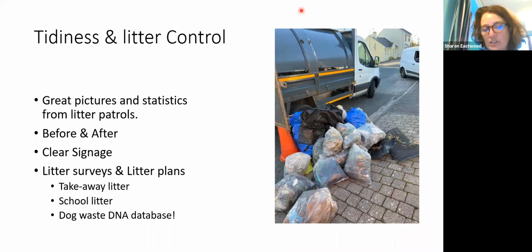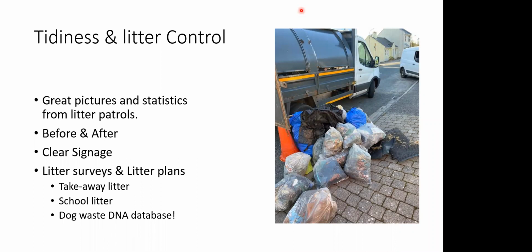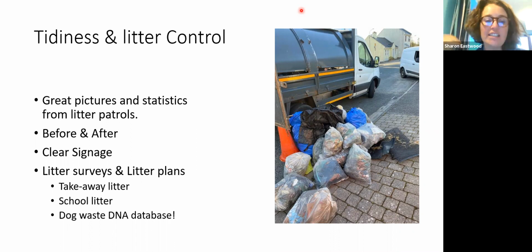Other things that we look at under litter and tidiness are things such as your litter surveys. So your litter survey would be things such as, and you probably know this, where do you get most of your litter? When does most of it get dropped? And your litter plan will therefore address it.